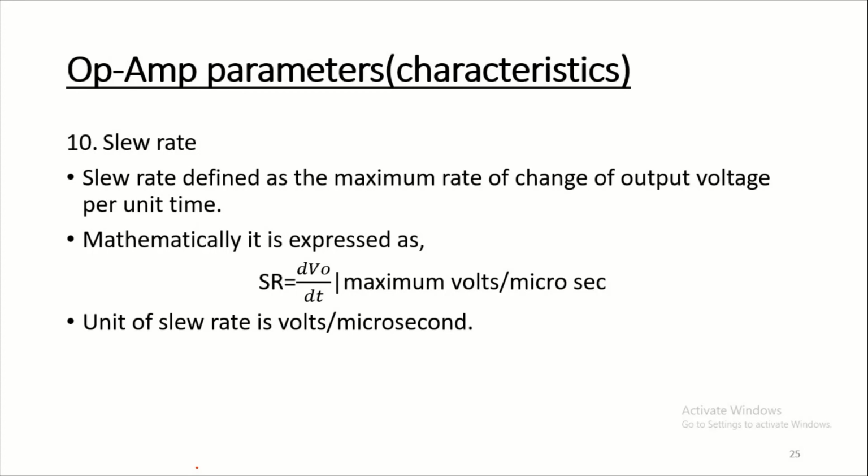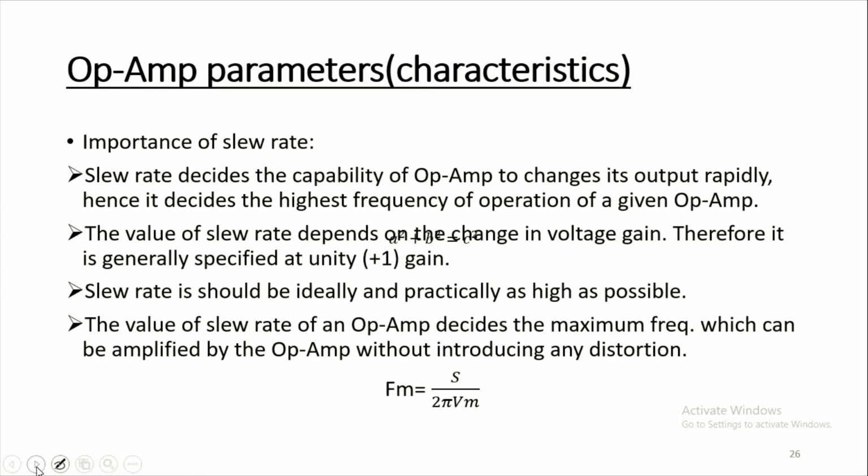The unit of slew rate is volt per microsecond. The slew rate decides the capability of the op-amp to change its output rapidly. Hence, it decides the highest frequency of operation of the given op-amp.